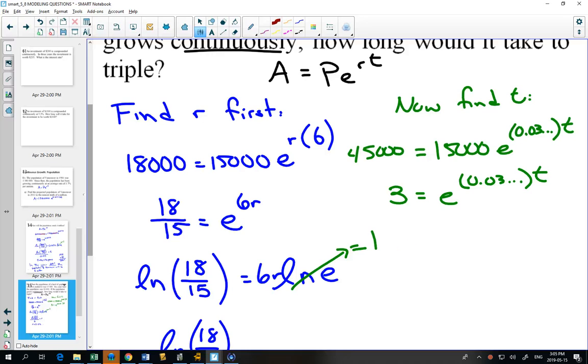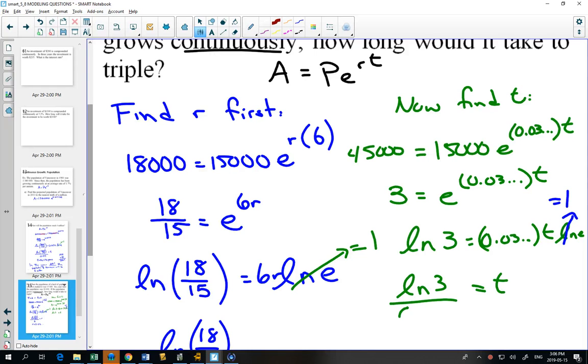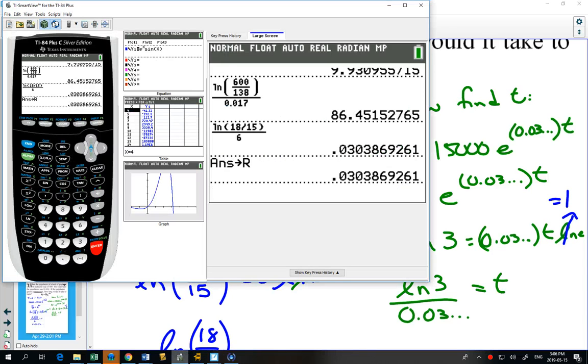And if we want to solve for t, we'll take the natural log of both sides. That 0.03 times t would come out in front. You get natural log of e, which of course is equal to 1. And so we can go to our calculator and do the natural log of 3 divided by r.